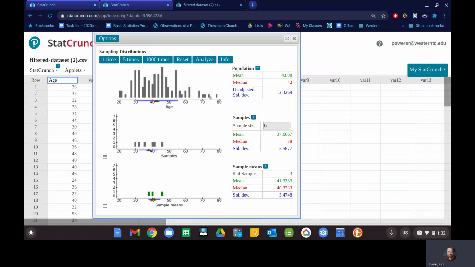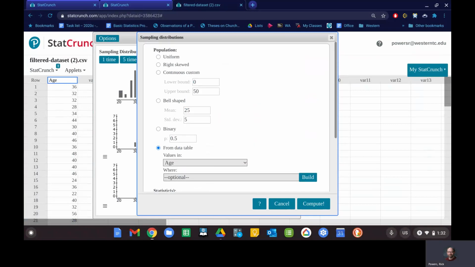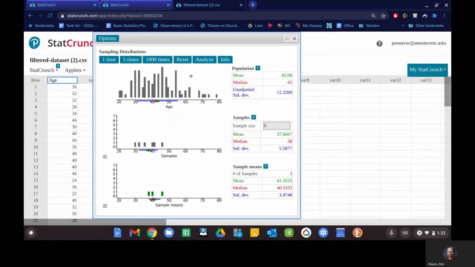Well, let's see. Do I have an option here? I don't think I do. But can I do 1,000? Yes. So here I did 1,000. All right. And you can see that this is quite the spread of possibilities for my samples because it's 12.3 divided by the square root of 6.